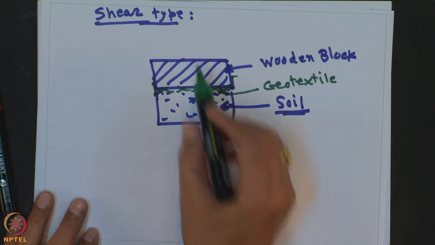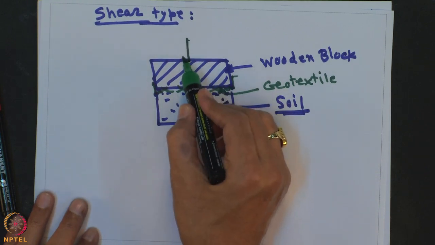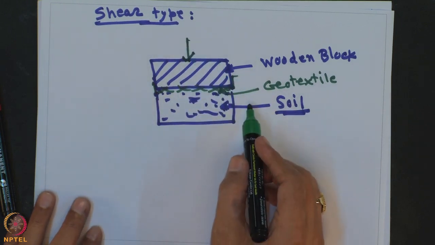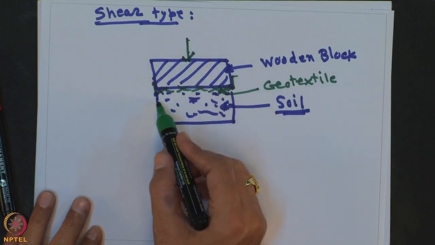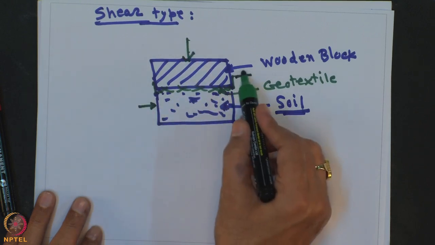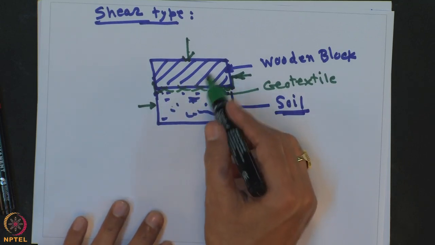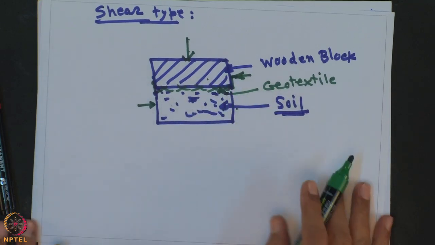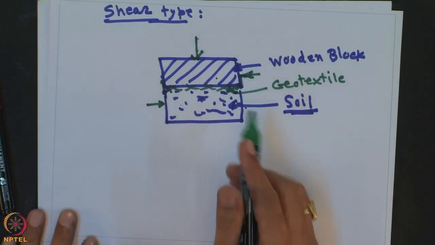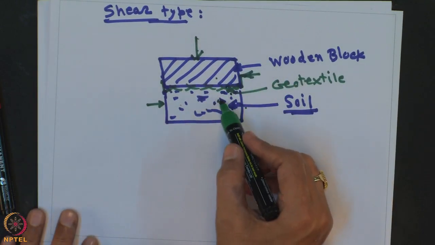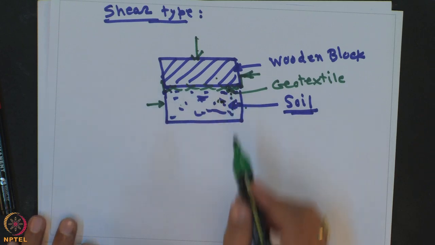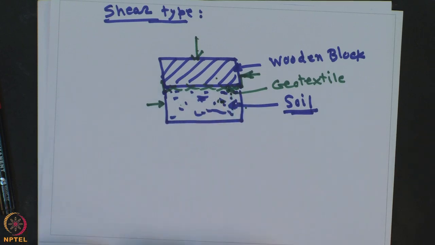So, if you perform the direct shear test, we apply load and there should be a shear between the soil and the geotextile material. And the resulting geotextile to soil shear strength parameter can be determined.